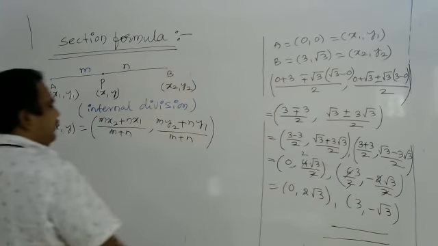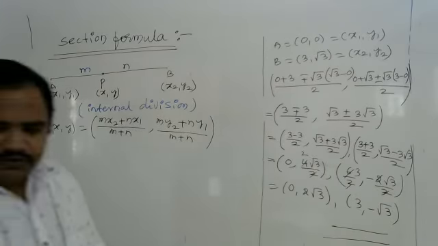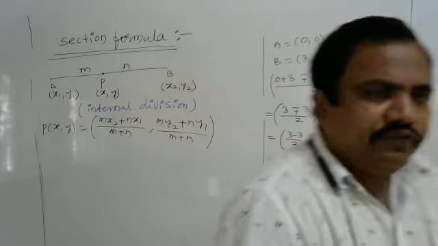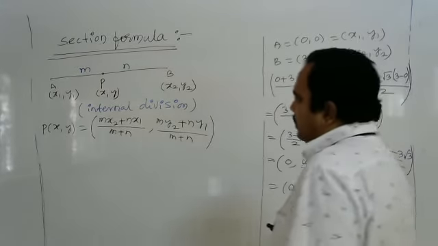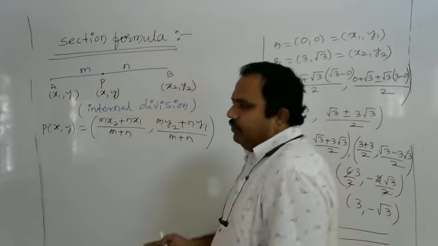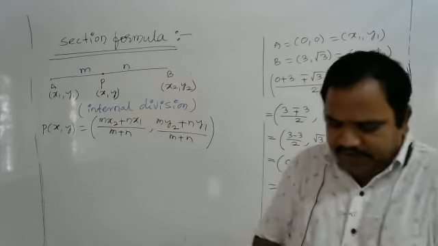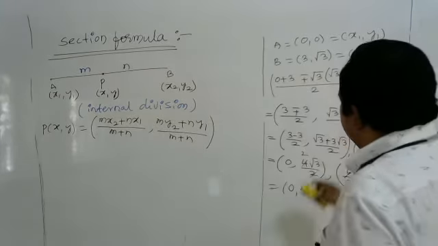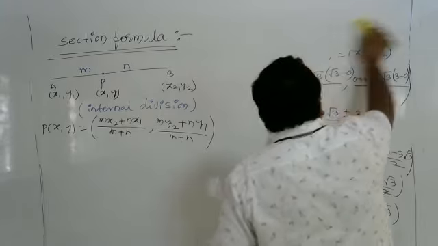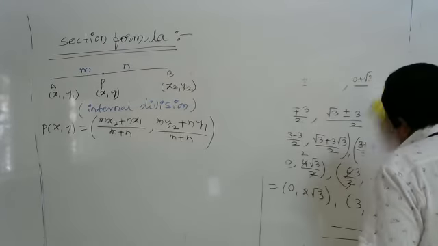So this is known as the internal division point. So the point which is in between of A comma B, no need of midpoint. mx2 plus nx1 divided by m plus n, my2 plus ny1 divided by m plus n.